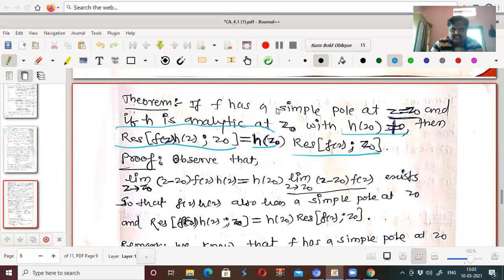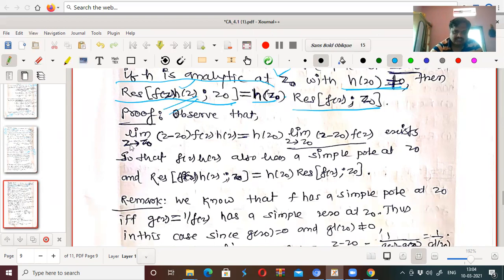If a function f has a simple pole at z0, and h is analytic at z0, meaning there is no singularity for h at z0, with h at z0 non-zero, then the residue of f of z times h of z at z0 is h of z0 as it is, times the residue of f of z at z0.